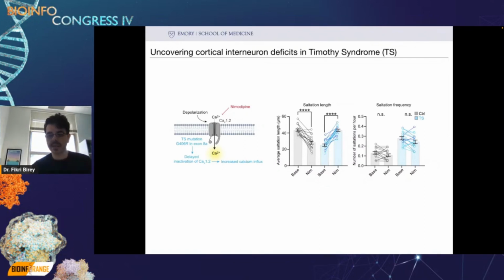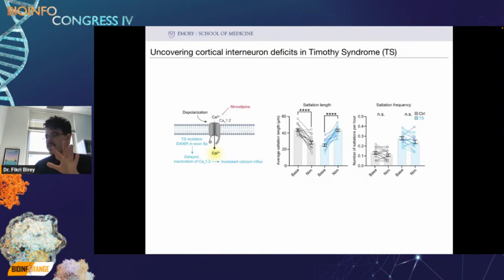The rationale was, if the delayed inactivation is letting a lot of calcium in, maybe by blocking this channel a little bit, we can ease the burden on the cells coming from that extra calcium. And that was a very robust rescue for a part of the phenotype. So the saltation length phenotype was really robustly rescued, but astonishingly, it didn't do anything to the saltation frequency phenotype.